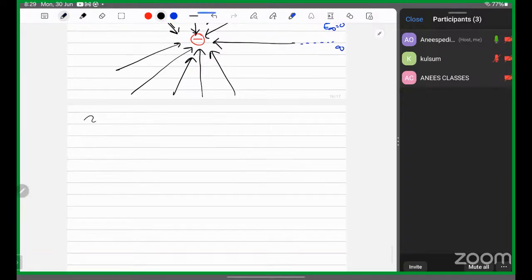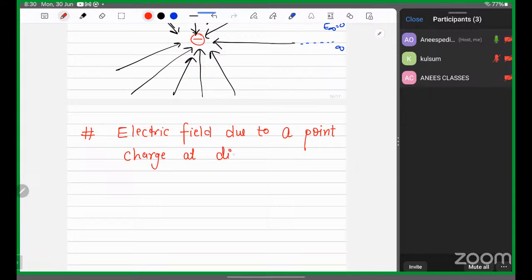So we are going to define a new concept here, which is given as electric field due to a point charge at a distance r from the point charge.